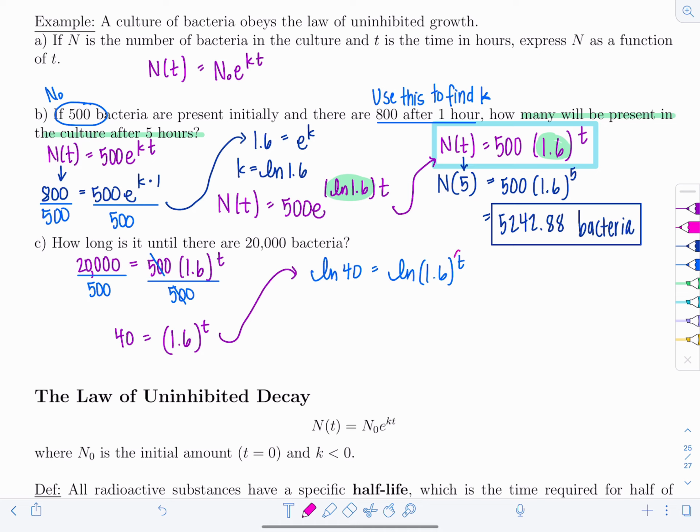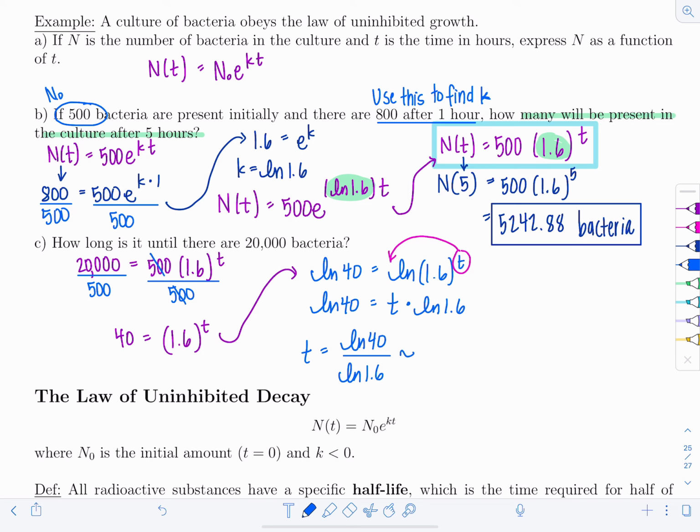We just did it two lessons ago. You can move that exponent to the front now. So I have ln of 40 equals t times ln of 1.6. And so t equals ln of 40 divided by ln of 1.6.